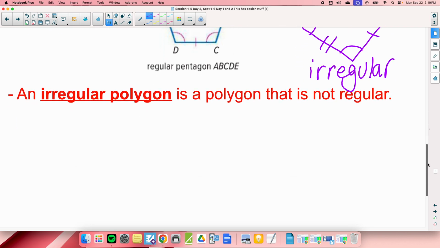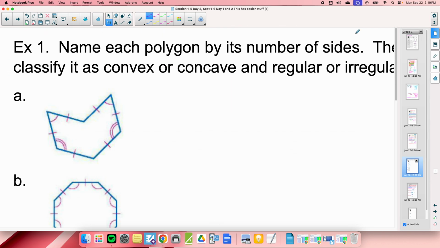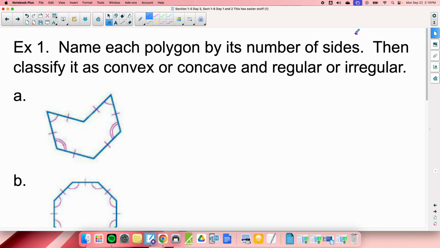Okay, now let's go to our last page. We just have to answer these and then we're done. Here's the first thing. We're going to name this by the number of sides. It has 1, 2, 3, 4, 5, 6 sides, so it's a hexagon. Now, convex or concave? Does it cave in?